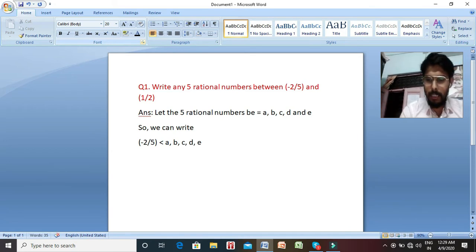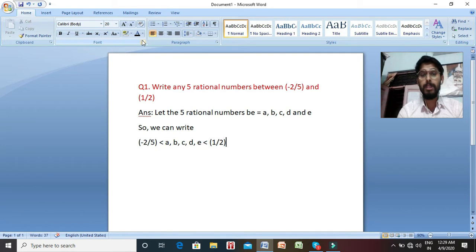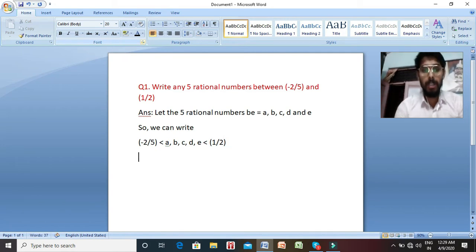And these are also less than half. Okay, so can you understand this statement? -2/5 is less than A, B, C, D, E, and all of these are less than half. So that is the meaning that these five rational numbers which we are to find out are in between these particular rational numbers.